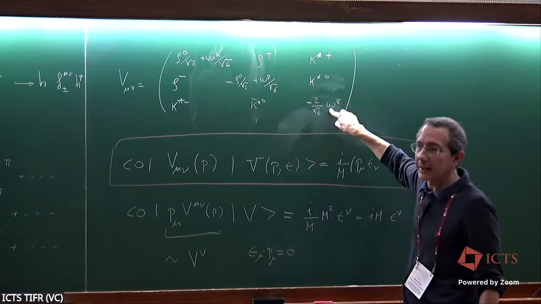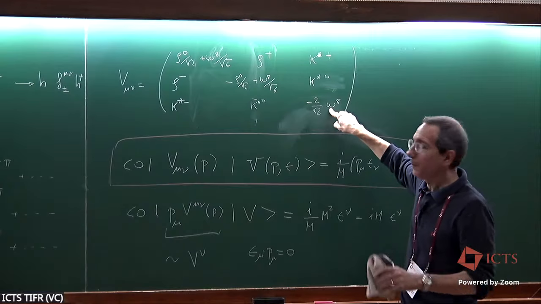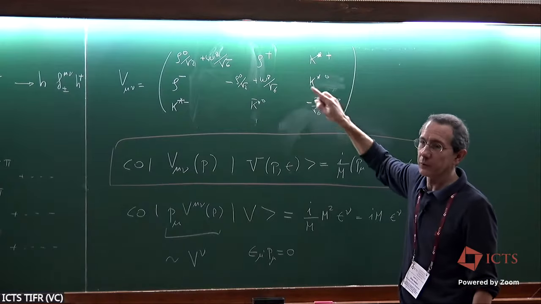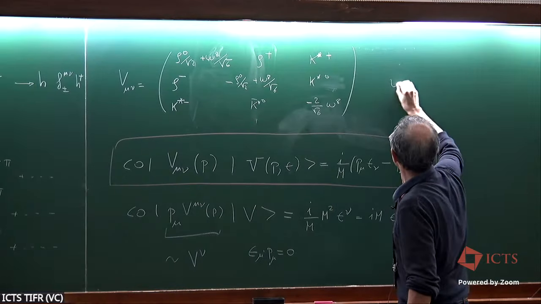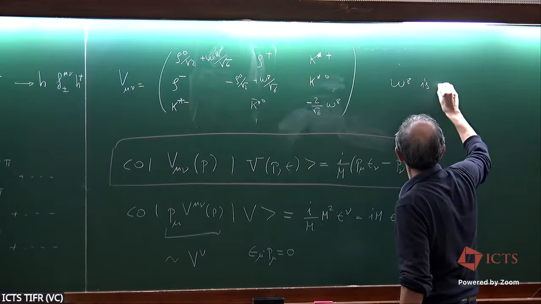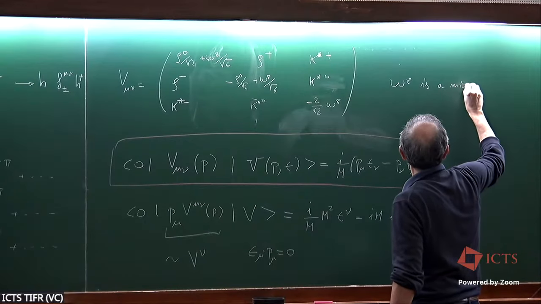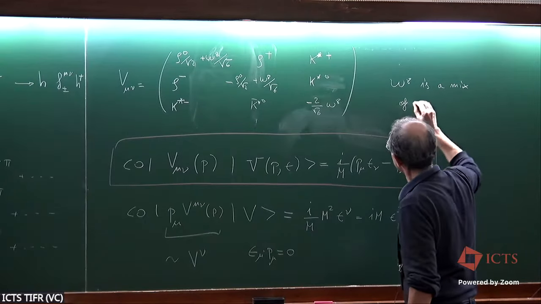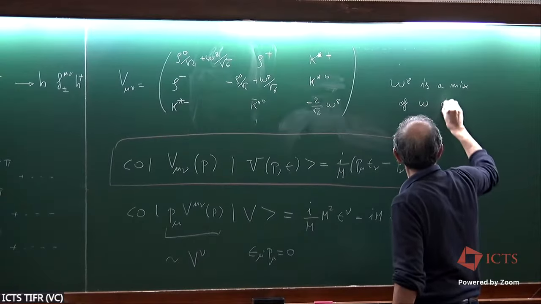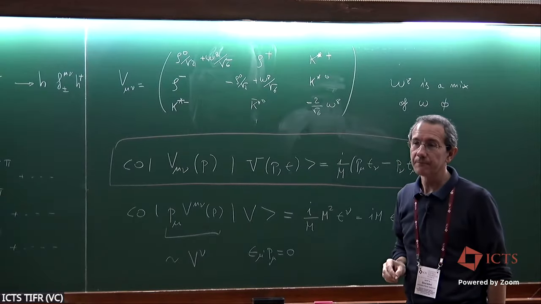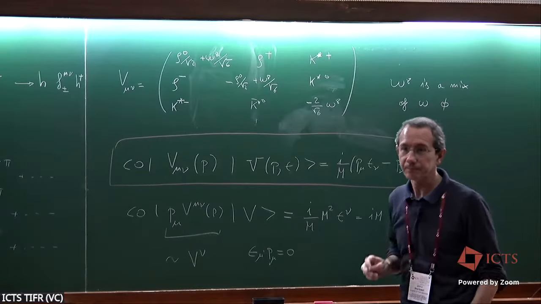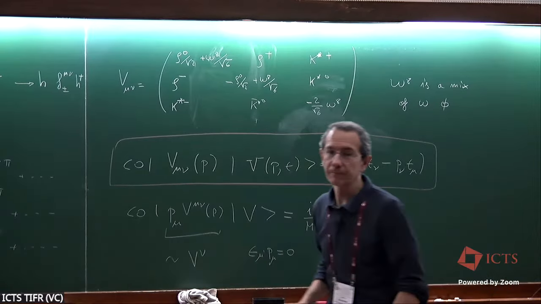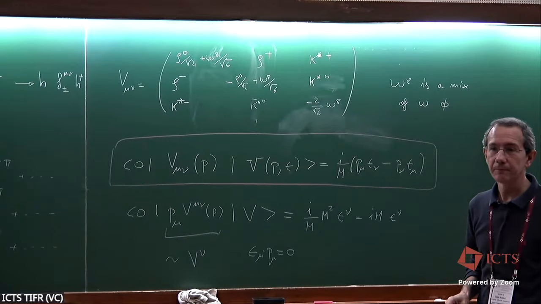So I call omega 8 the component of the octet which is the singlet under isospin. And I told you this omega 8 is a mixture of the physical states, which are omega and phi, because they mix with the singlet.